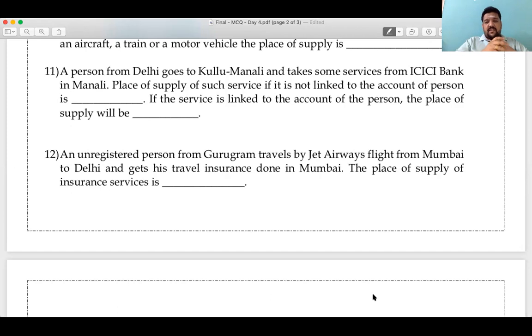Vaishnavi, both answers are right. Balaji, you came up with one answer. One more answer is pending. If the service is provided to a person who is not an account holder, what is the place of supply? If the service is provided to a person who is an account holder, what is the place of supply?